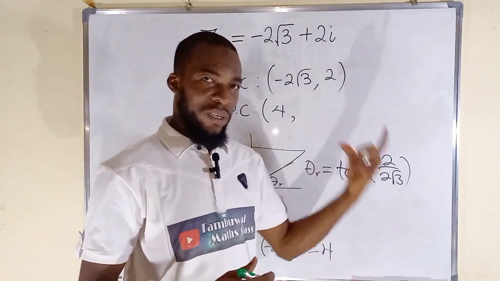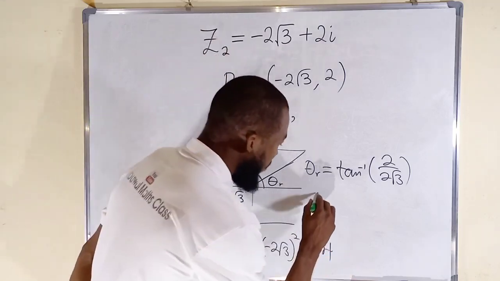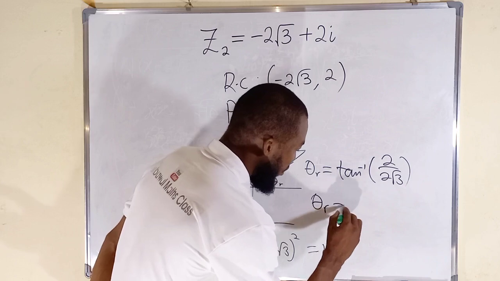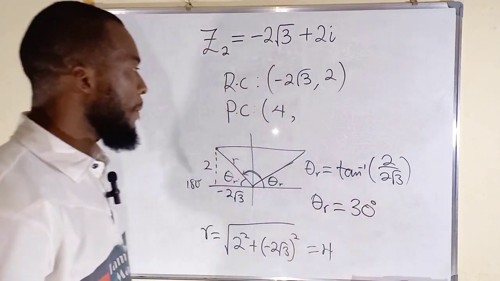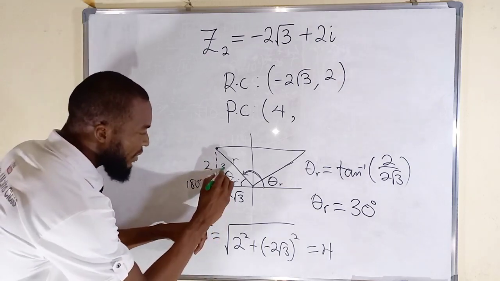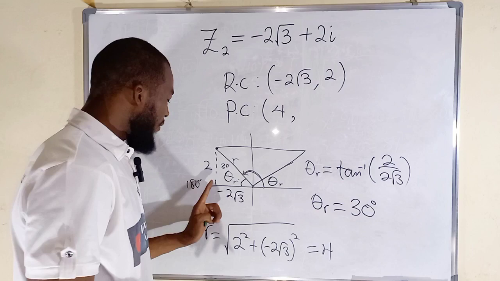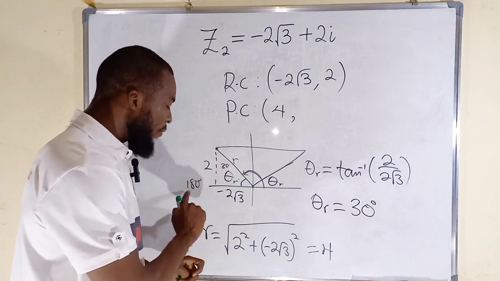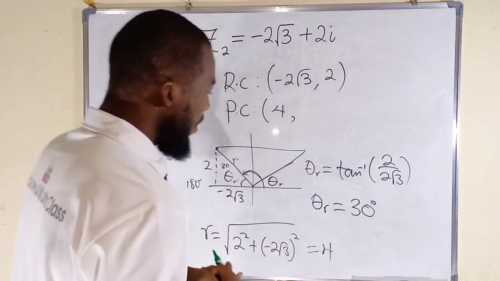And tan inverse of root 3 divided by 3 is either 30 degrees or pi by 6. But remember, we want to use theta in degrees, right? So this is 30 degrees. If this is 30 degrees, what about the angle at the back? To find it, we have to take away this 30 from 180, which shall give us what? 150 degrees.